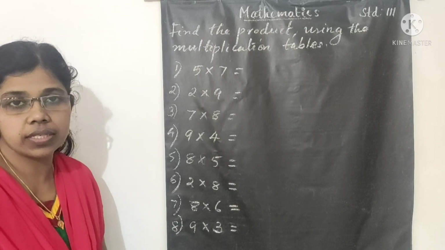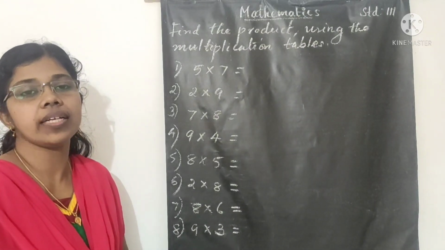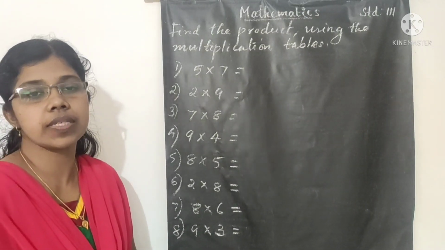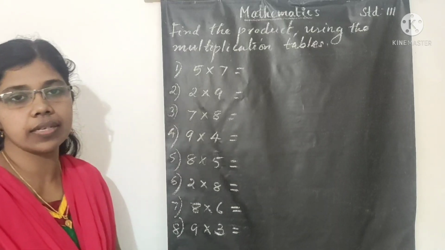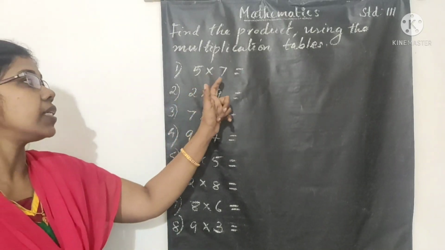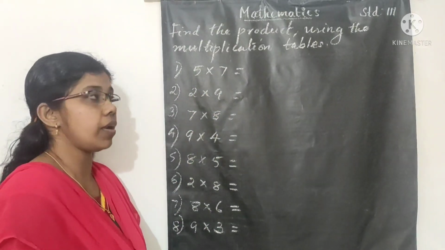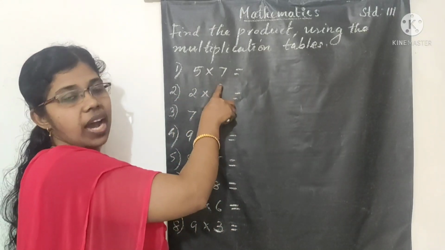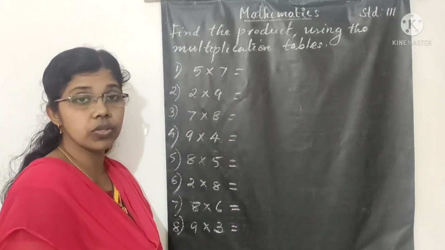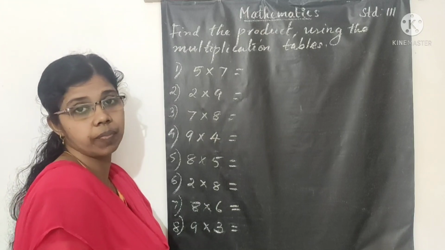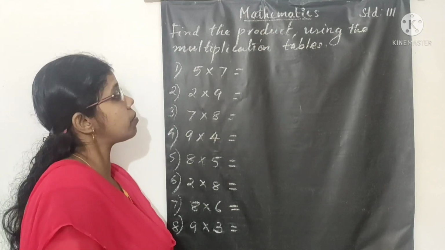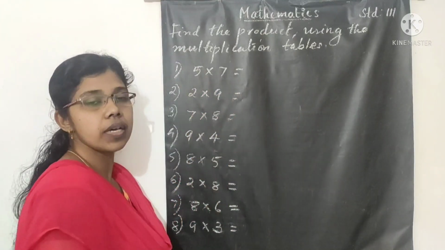5 sevens are dash. 5 times 7. What is the answer? Here use the multiplication table of 7. 5 sevens, 5 times 7, that means use the multiplication table of 7. Here simply we can use the multiplication table of 5 or 7.